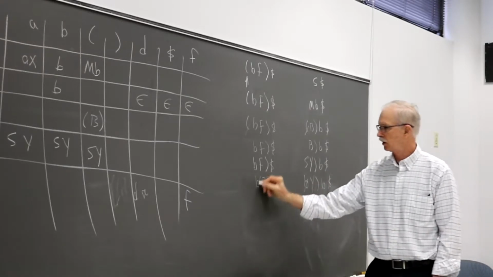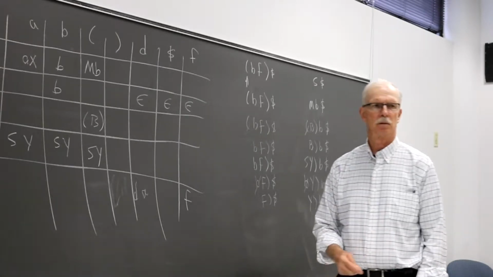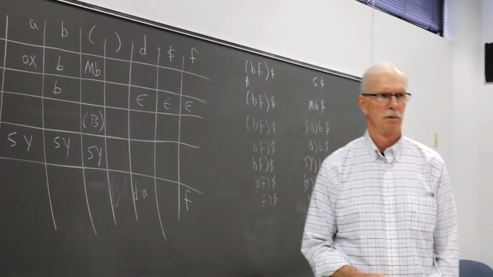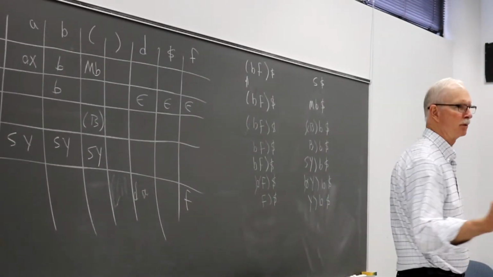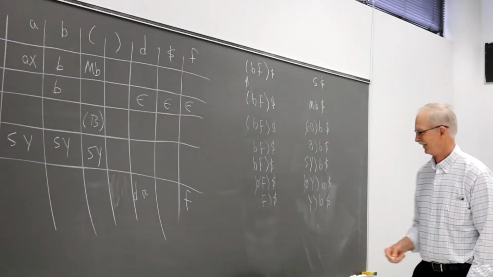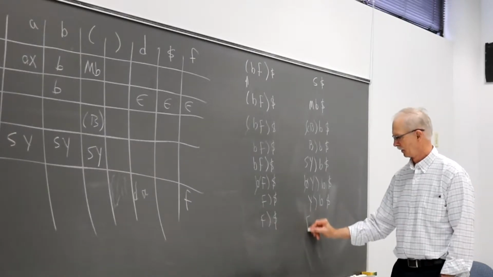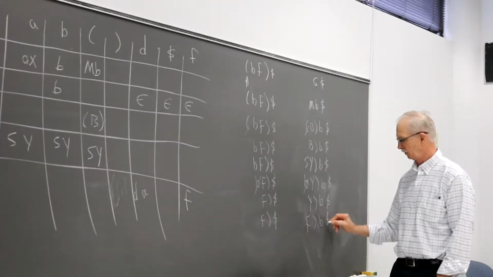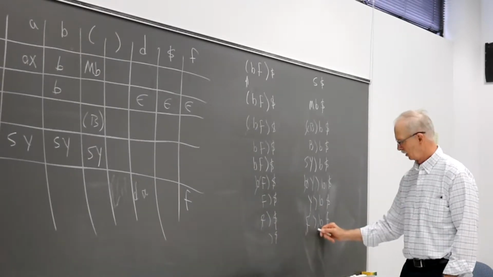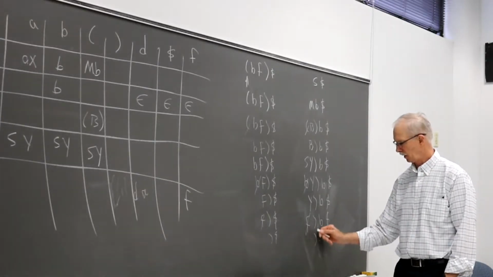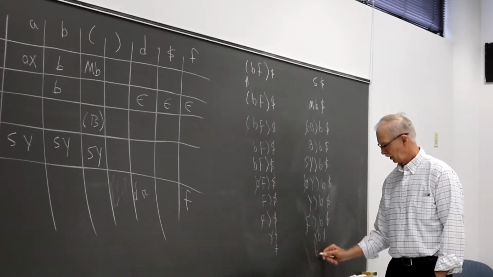So the B's match. So I claim that you can't make that with the grammar rules. That's what happens on a Monday, right? And so Y says replace F paren dollar, F paren B dollar. Match the F's, paren dollar, paren B. Match the parens, dollar, B dollar.